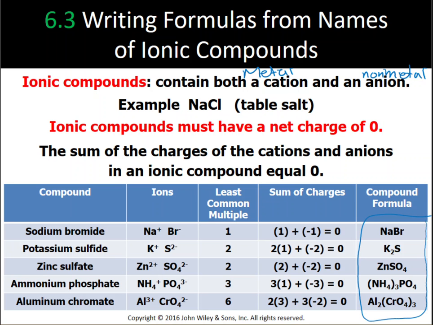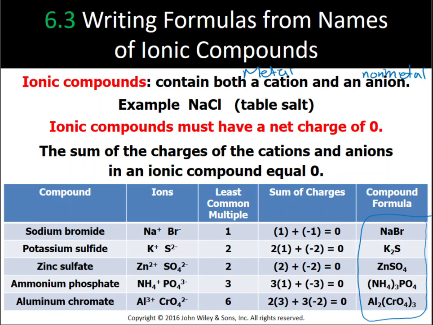Meaning that when we write the formula of an ionic compound, we have to look at the charge of the cation, the charge of the anion, and balance out the charges. So the ionic compound itself has a net charge of 0. I will show you how to balance out the charge of the cation and anion in the next couple of slides.